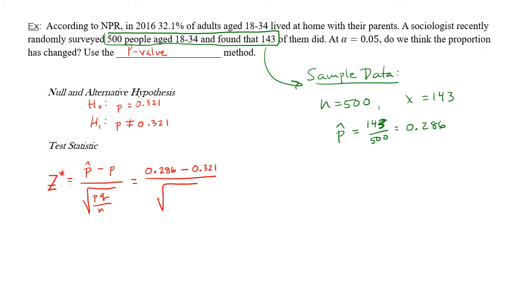So pq was 0.321 for p. For q, we'll do 1 minus 0.321, which is 0.679, over the square root of n, which was 500, our sample size. And let's punch this into our calculator and see what we get.